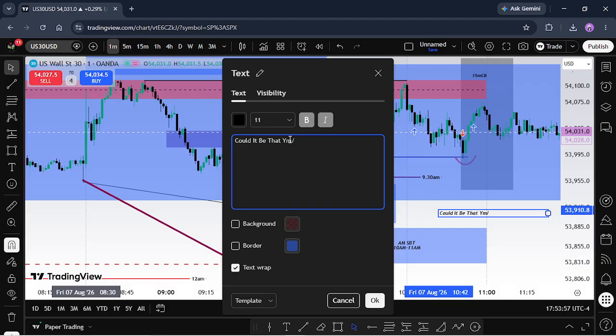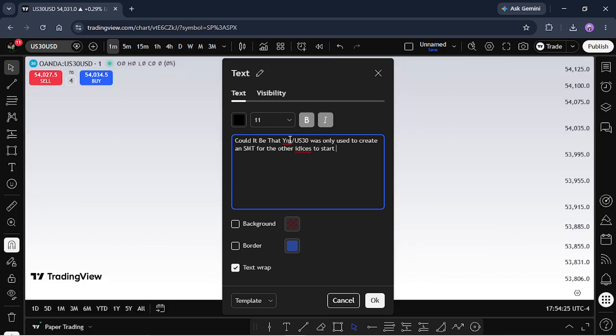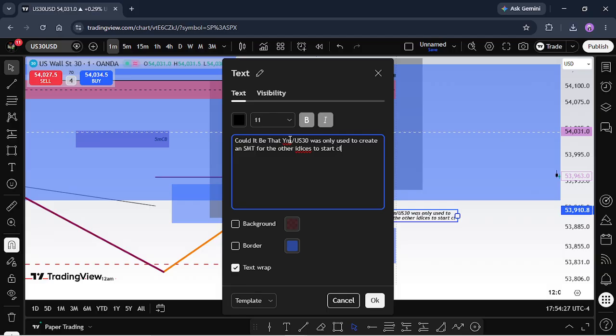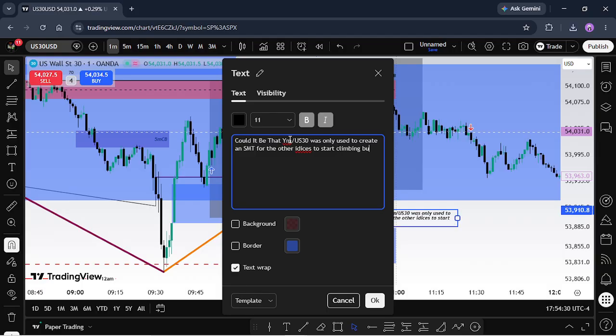YM slash US30 was only used to create an SMT for the other indices to start climbing bullishly?